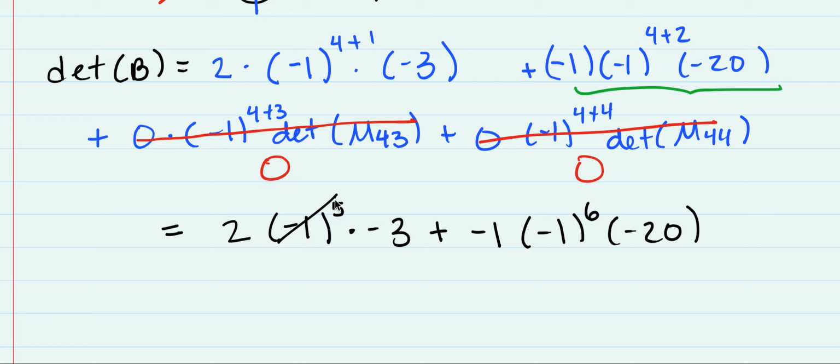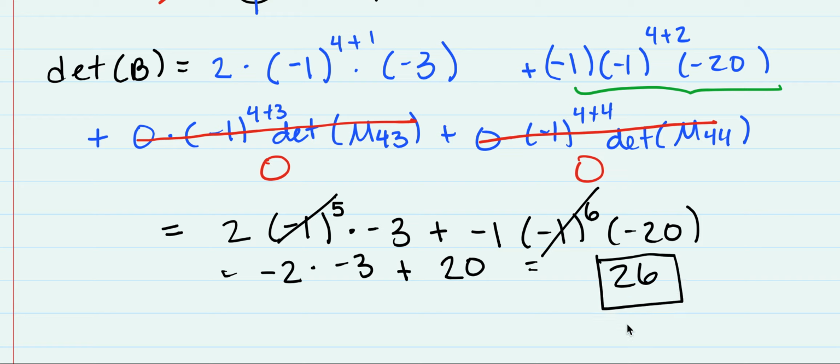So this is just negative 1, so we get negative 2 times negative 3 plus 20, because this is a positive 1, negative and negative, okay? So it looks like we are left with 26. And that's our final answer, assuming I didn't make any mistakes. If you find a mistake, please let me know.